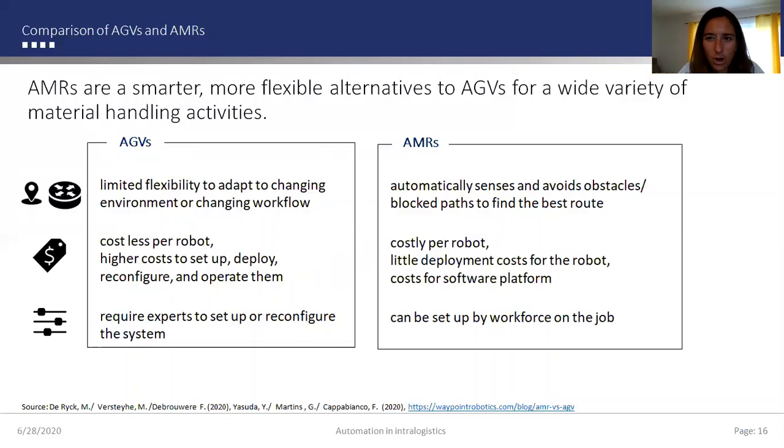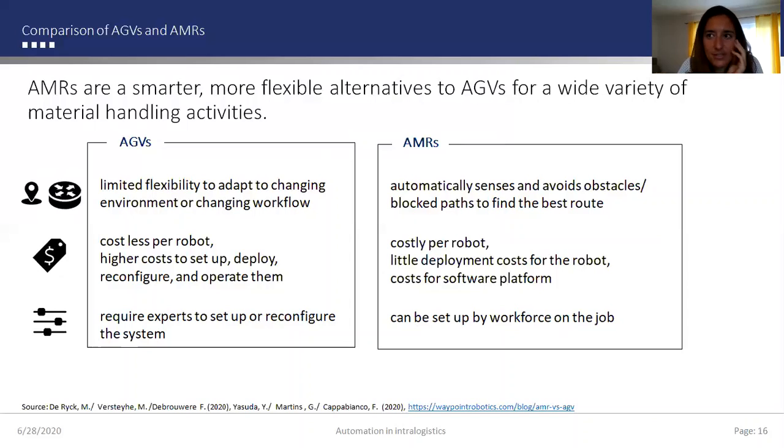Let's talk about the costs. If you buy an AGV, it is less costly per robot, but you have higher costs to set it up and deploy it, especially if you have to provide the infrastructure. The AMR is more costly per robot, and you have the cost for the software platform, but the deployment costs are less.